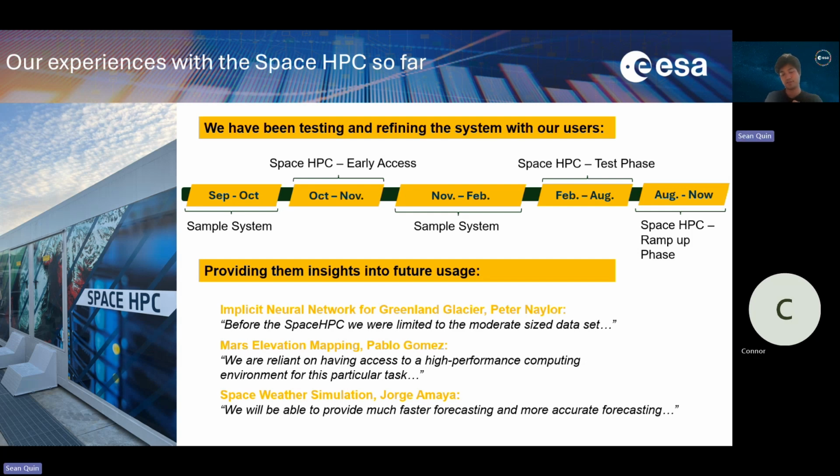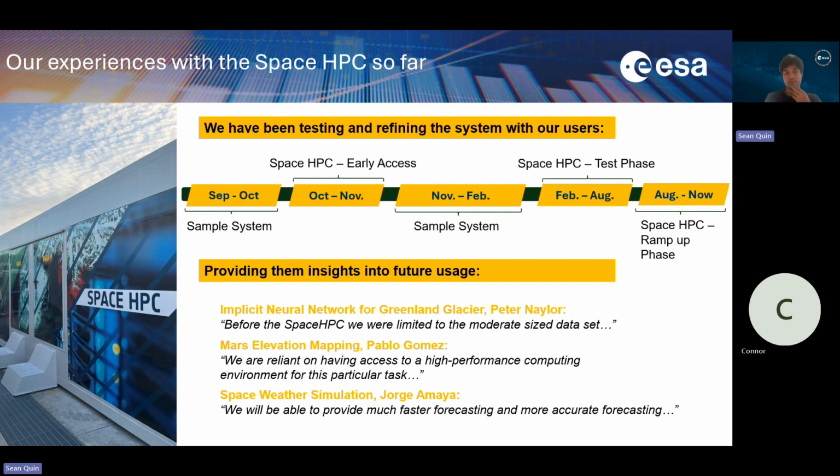Since then, we had interactions with a lot of internal ESA users through early access, sample system, and test phase, and we're currently in our ramp-up phase. We've had the chance to work not only in Earth observation, but other things such as space exploration, rocket part research, etc. Everyone's been giving us feedback, so we're trying to tailor our environment to your needs.